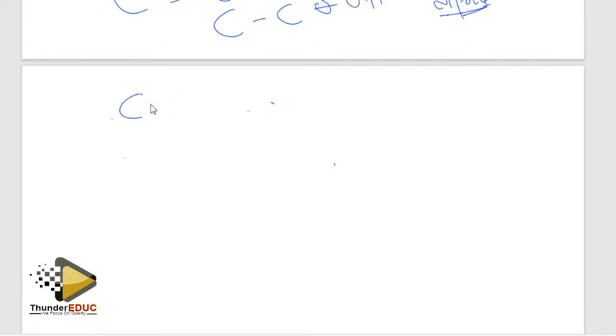You have this compound, and they want you to find the molecular formula. For example, the molecular mass is 200, just giving you 200.